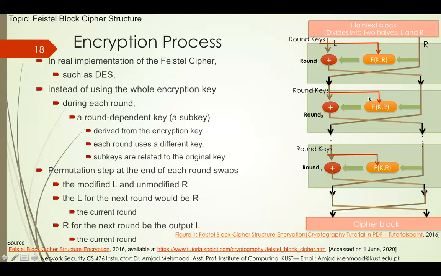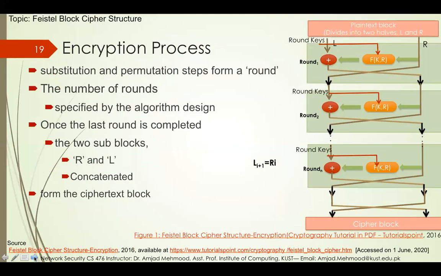Substitution is done in the round, and at the end of each round permutation is performed. So swapping is done: the right value will be passed to the left one, and the left half value will be passed to the right one. Using that, the encryption process will be done.